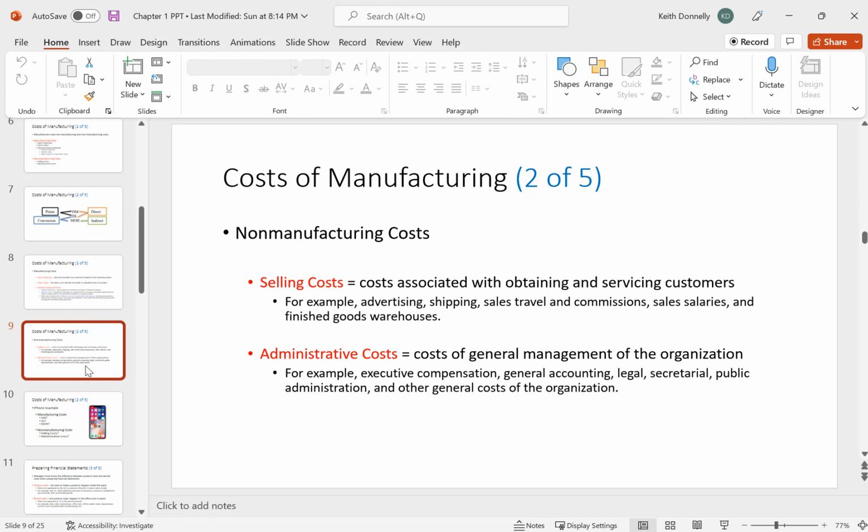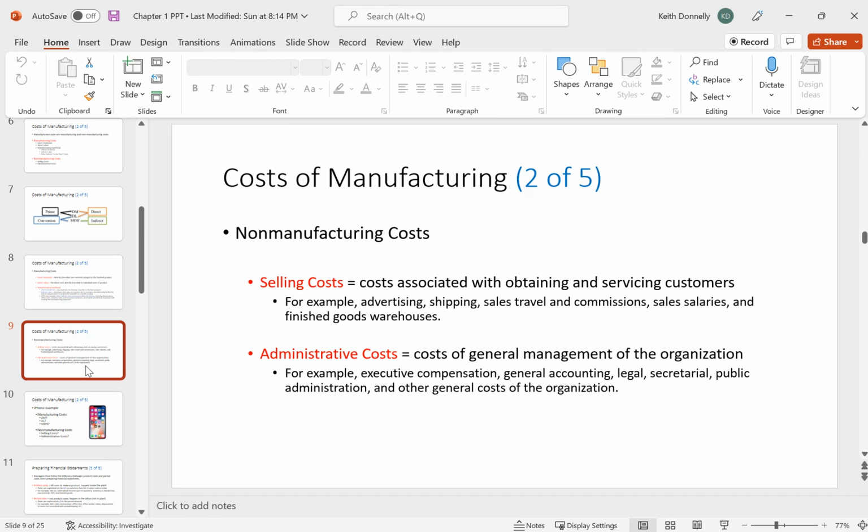And another thing, for example, if you've ever sold on eBay, right? Maybe you sell something for $100 on there, but then you got to pay shipping, you got to pay a selling cost to eBay. So that's the idea with selling costs.